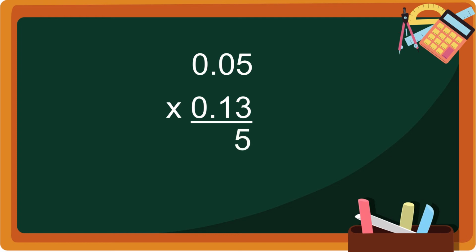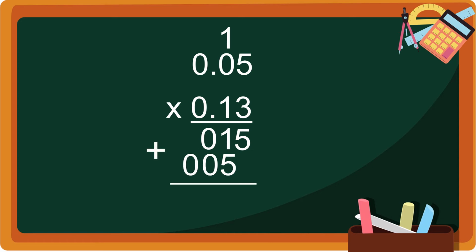So write 5, carry over 1. 3 times 0 is 0, plus 1 is 1. 3 times 0 is 0. Then we have 1 times 5 is 5. 1 times 0 is 0. And 1 times 0 is 0. Then get the sum. So you will have 5. 1 plus 5 is 6. Then 0 plus 0 is 0. Then bring down 0. Therefore, the answer is 65.